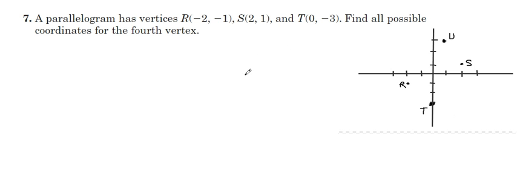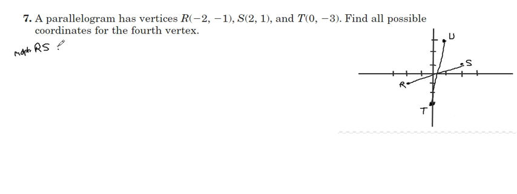And so we're going to find the midpoint between R and S right here, because if we find the midpoint from T and U, they will share the same boundary right there. So we're going to go about finding the midpoint between R and S. Midpoint is real simple.